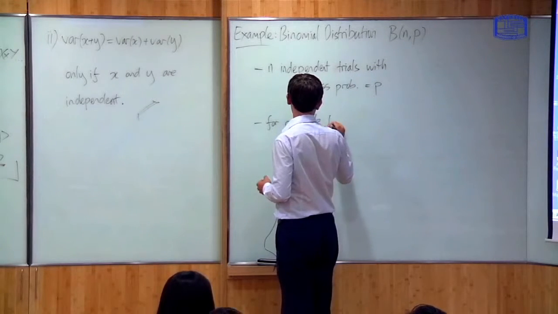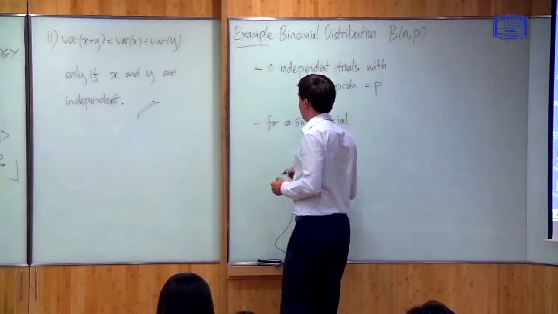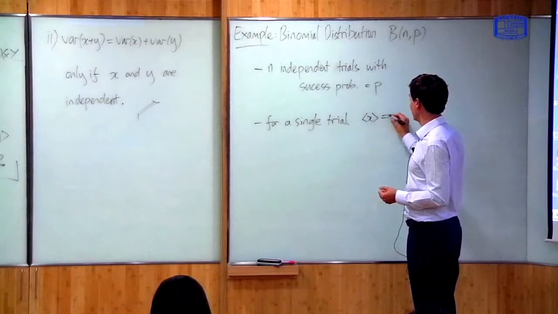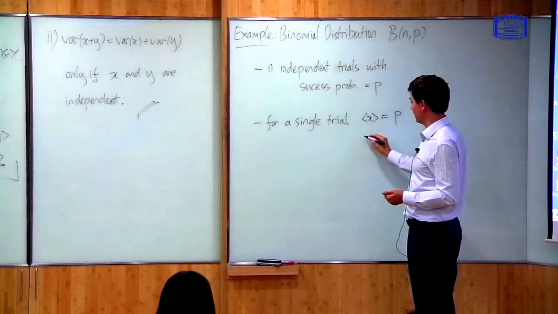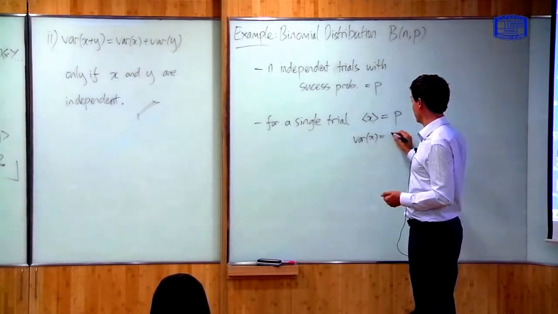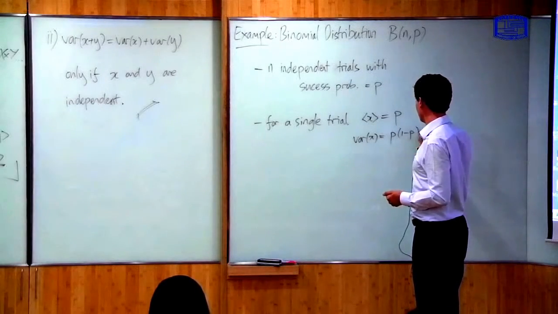For a single trial X, which we did last time, we found that the mean of X was just equal to p, and the variance of X was equal to p times (1 minus p).